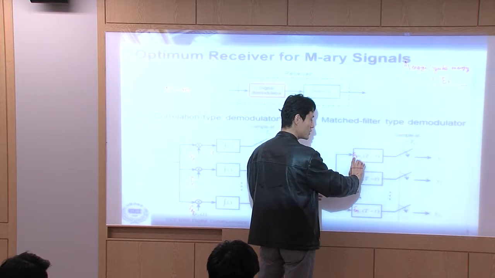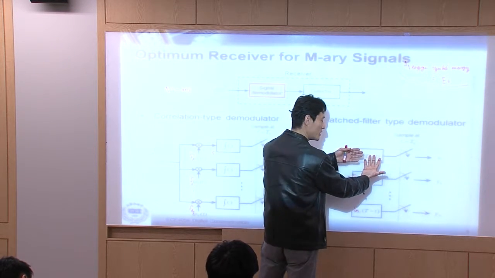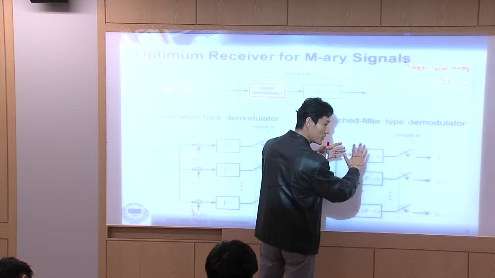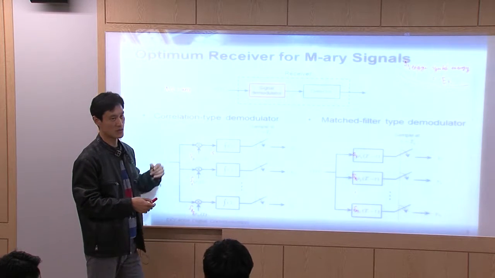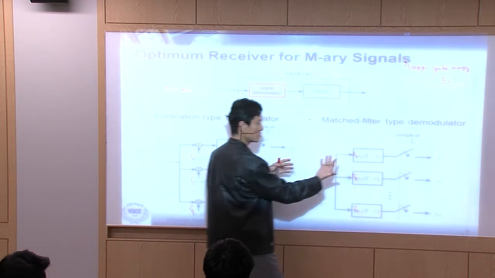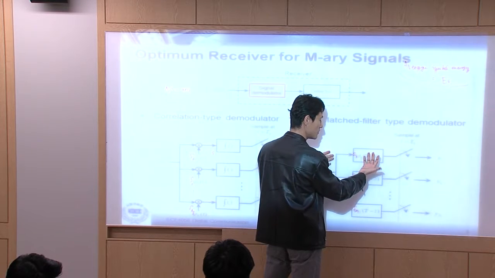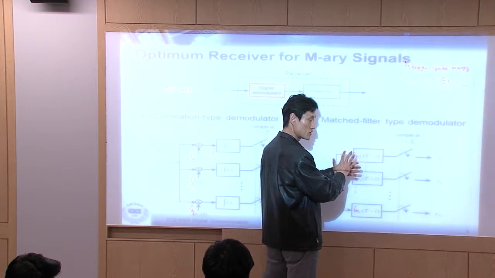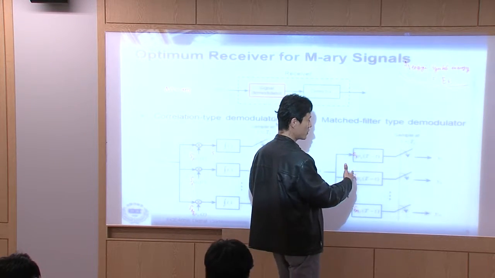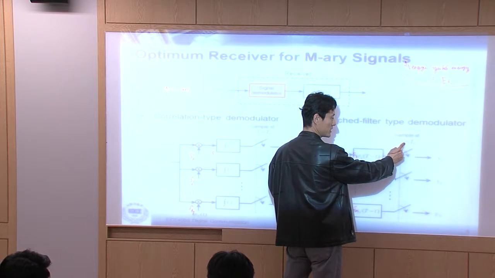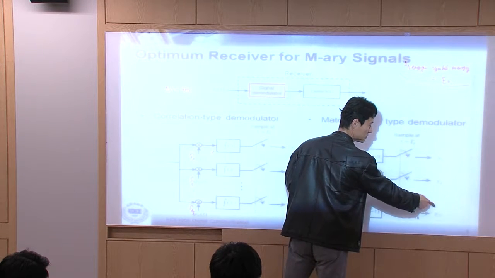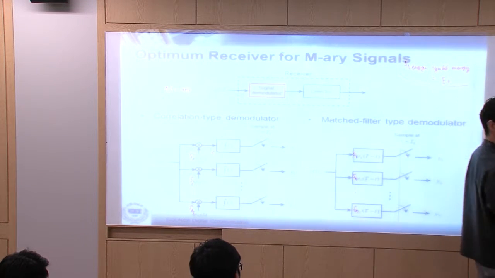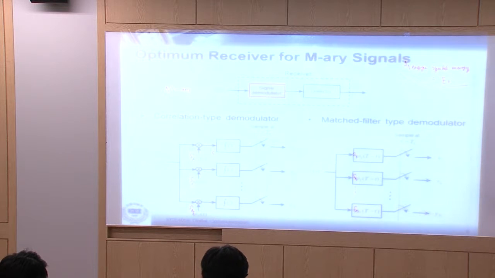This one is already flipped. When you do correlation, flip it and correlate, right? That's exactly the same as convolution. When you do convolution, flip and then convolve, right? So this one is the same thing. Eventually, once you do that and you sample at the right time, you get all the values, and each value shows you the correlation. And you're going to pick the largest one. That's your answer.